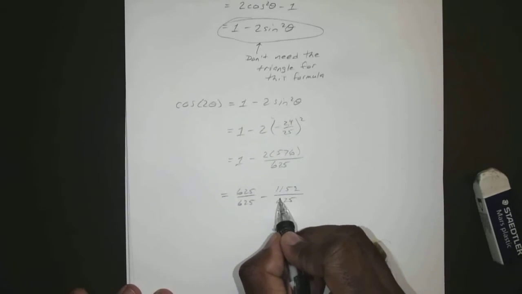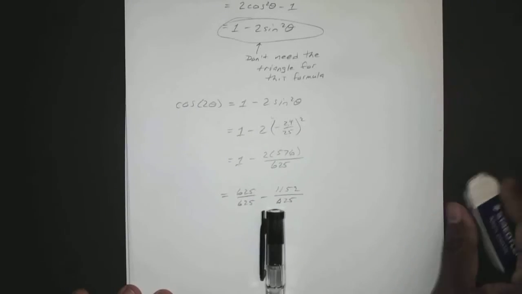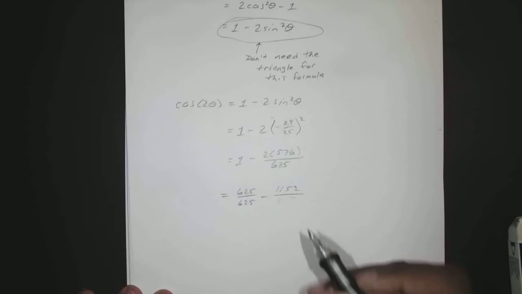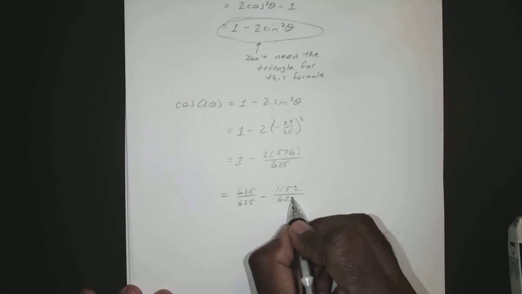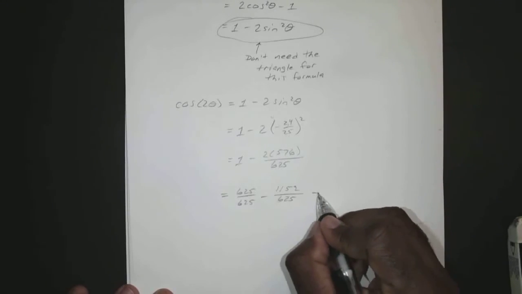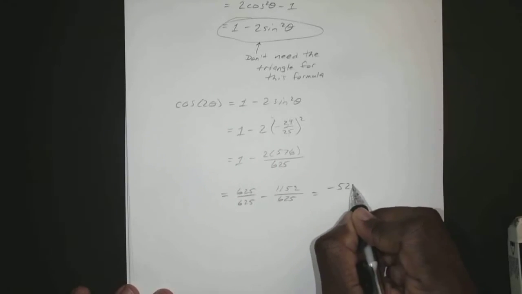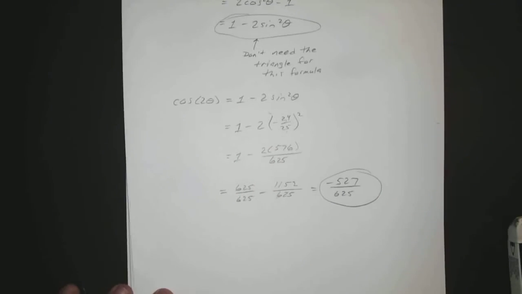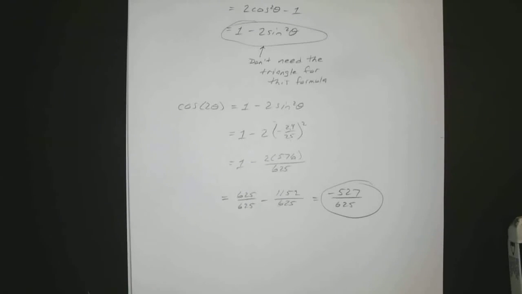So clean that up just a bit. Over 625. There we go. Which gives you negative 527 over 625 as your cosine of 2 theta. All right. So any questions on that one?